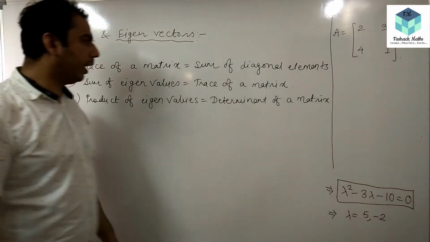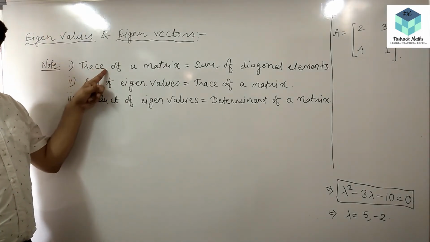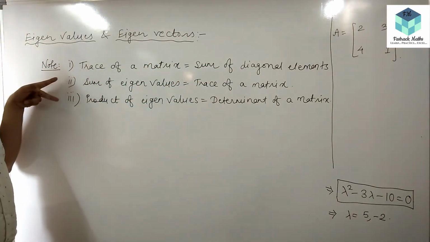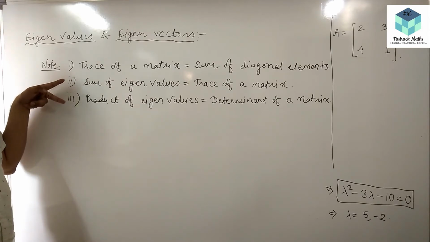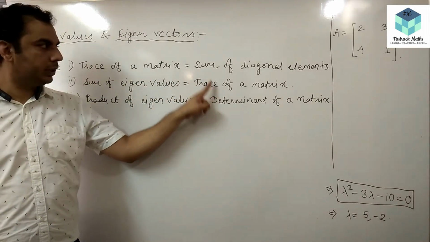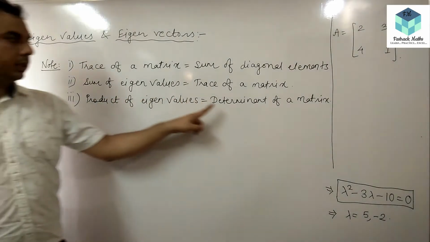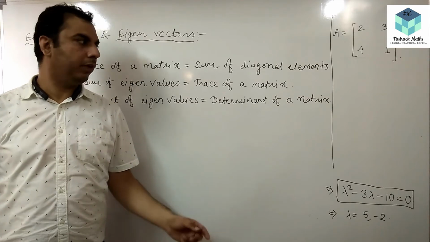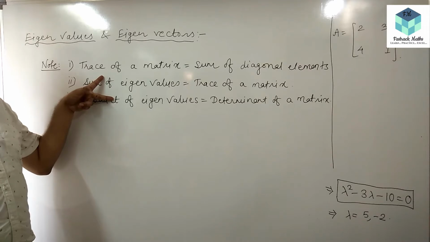So from this we have two results, which are very important from the competitive examination point of view. The sum of eigenvalues is equal to the trace of a matrix, which is the sum of diagonal elements, and the product of eigenvalues is the determinant of a matrix. After finding eigenvalues, you can verify that your eigenvalues are correct using these two results.